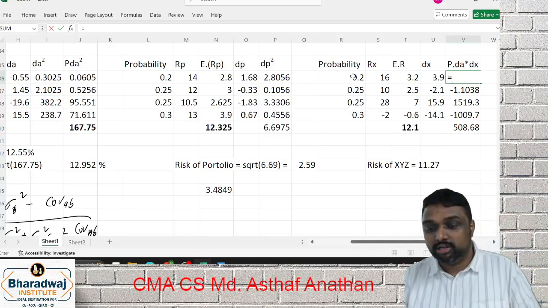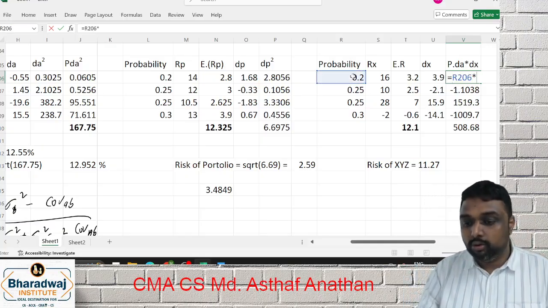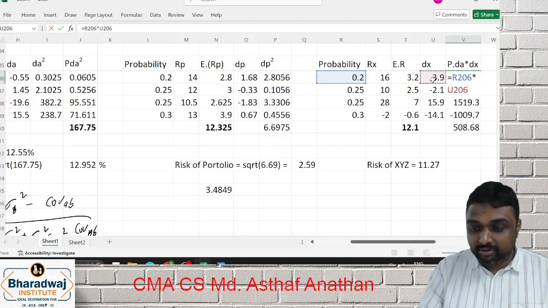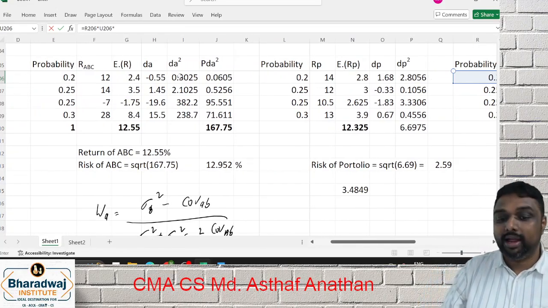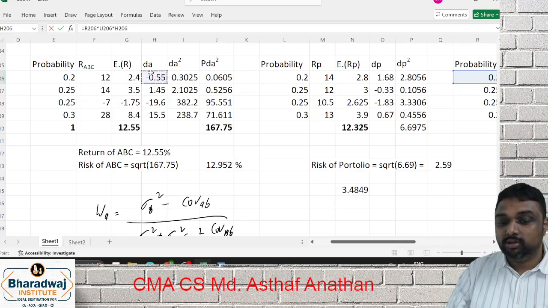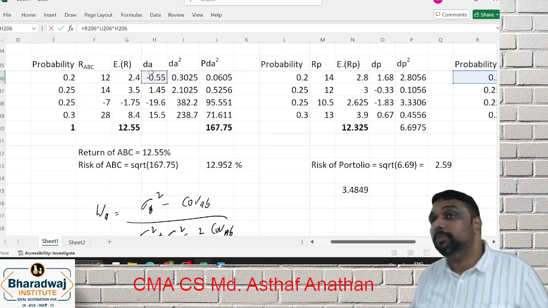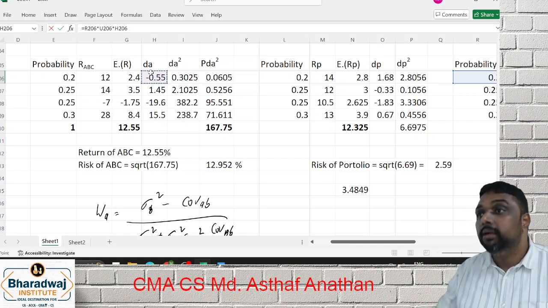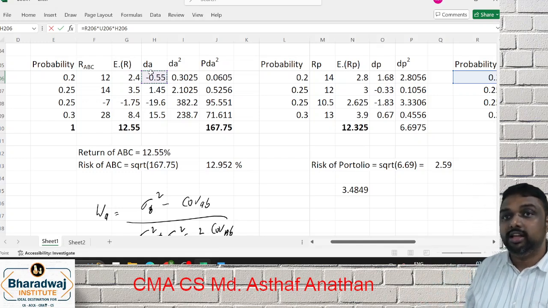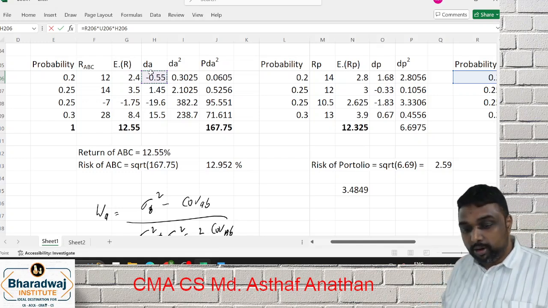Probability into deviation of X I have taken correctly. For deviation of A, I should take this column, but I wrongly took this. That is why in the beginning of the portfolio chapter I told you, if you make one mistake anywhere, you will get mistakes everywhere. Are you understood? So that is why you have to do proper practice.